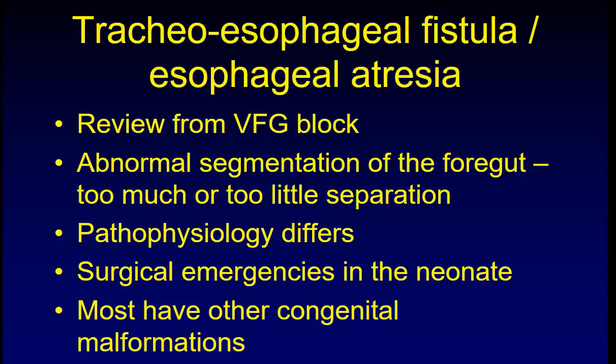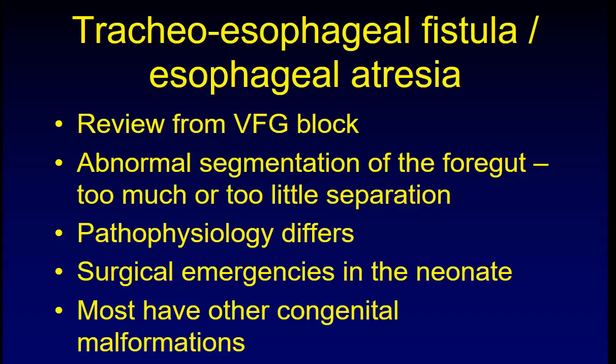Tracheoesophageal fistula and esophageal atresia were already covered in the vital fluids and gases block, so this is just a brief reminder. These represent abnormal segmentation of the foregut, either too much or too little separation. Too much if there's an atresia, too little if there's a fistula. The pathophysiology differs with the anatomy, and there are a variety of anatomic variants.